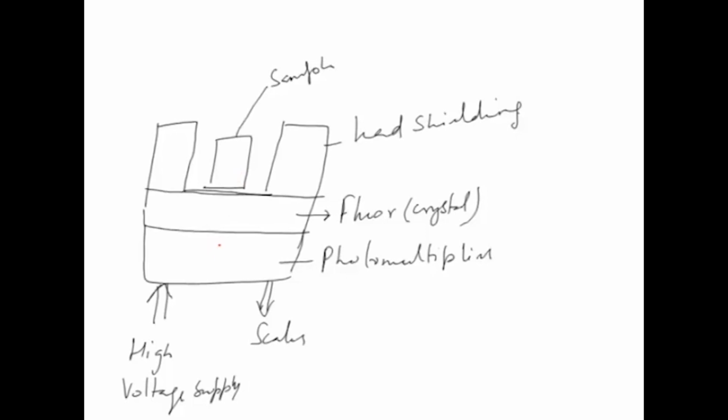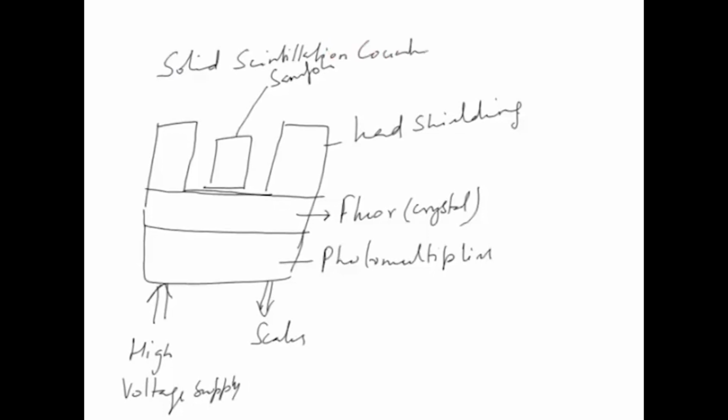The radioactive decay interacts with the fluor, which is excited, and on de-excitation it emits light that is taken up by the photomultiplier, and finally you get a signal. This is how solid scintillation counting is done, and we will be discussing it in detail.